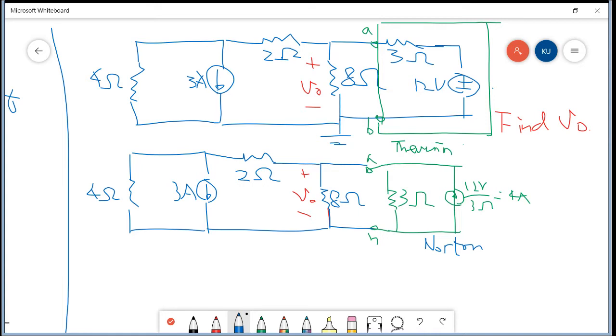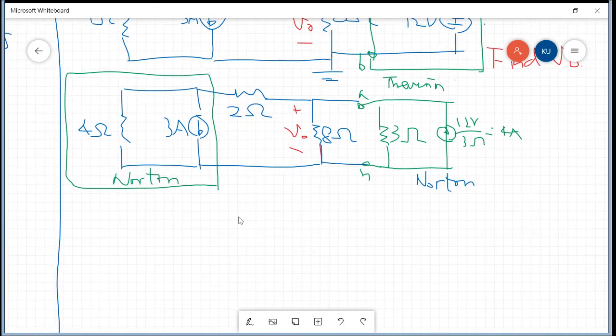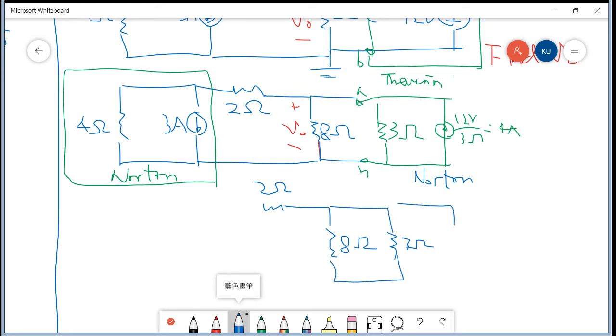And we can also change this part. This is Norton. We can convert it into Thevenin. So we just copy the rest of the circuit: 8 ohm, 3 ohm, 4A.